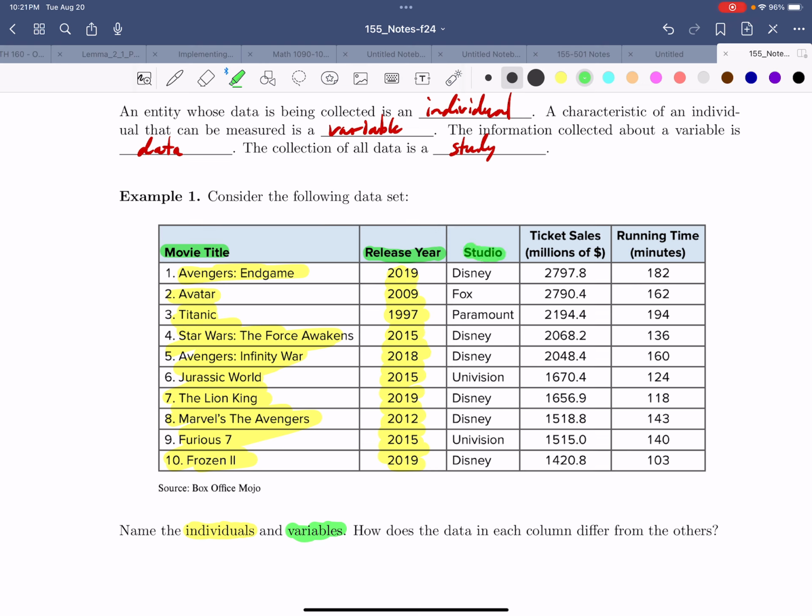And that is the pattern that we're seeing here, right? The individuals are the guys being examined, and the variables are just the category altogether.